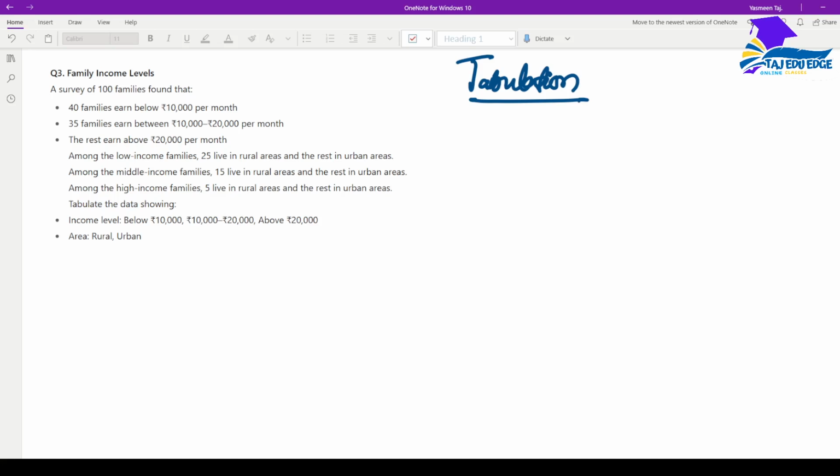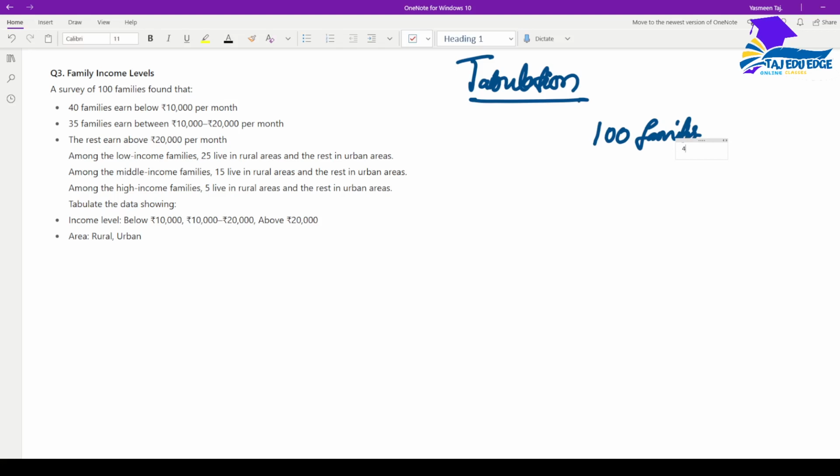So here, first we will understand this question carefully. A survey of 100 families found. Here it means that there are 100 families. Out of those 100 families, 40 families earn below 10,000 per month.